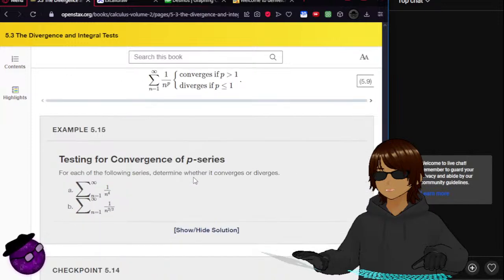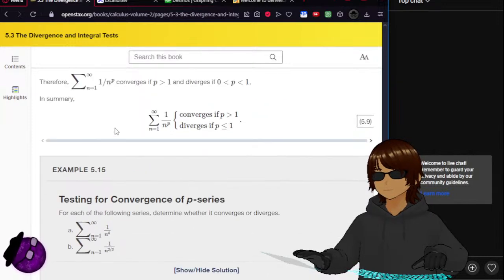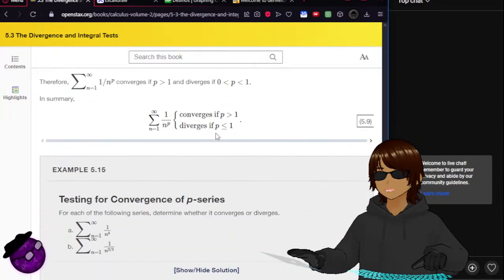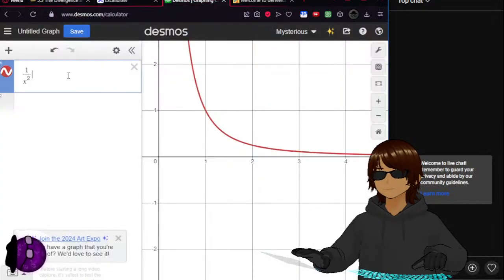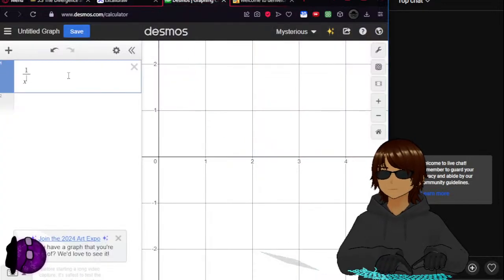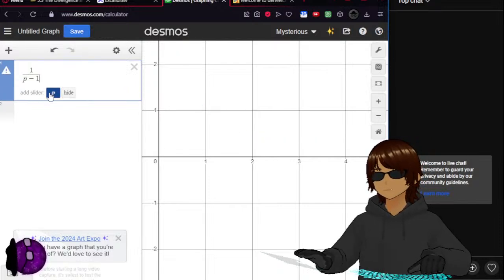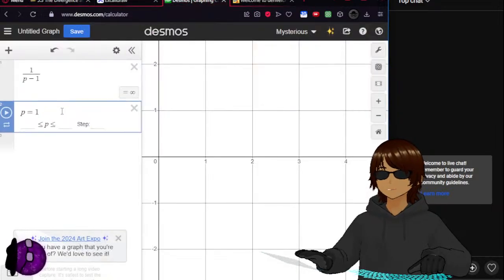Why would they word it like this? We just need to look at the value of p. So the first case is when p is 4.